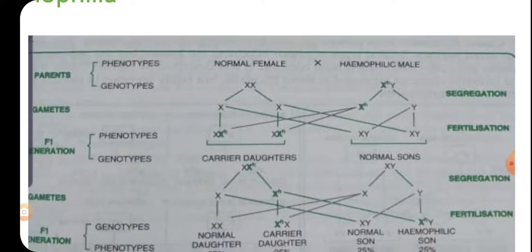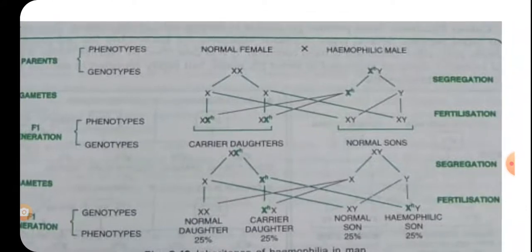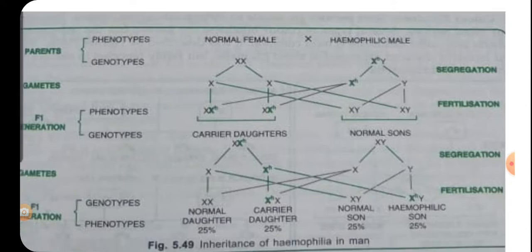In the F1 generation, the offspring are such that the daughters are carriers and the sons are normal, because sons get their X chromosome from their mother, and the daughters get one X chromosome from their hemophilic father. That's why they are carriers.